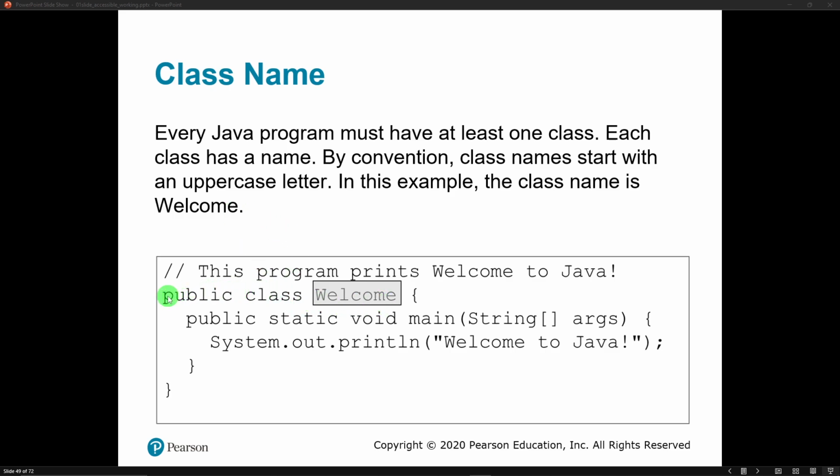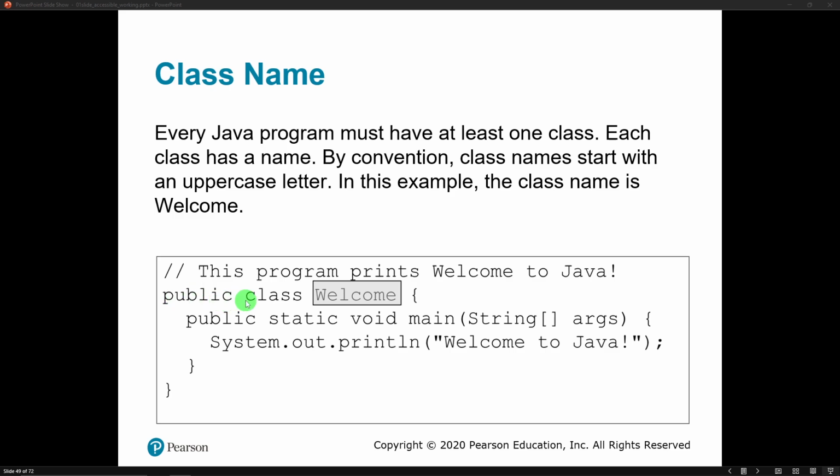So right here we see public, and this tells the accessor who can use this class. And then the word class is basically saying this line right here is called the class declaration. So public says any other class that wants to can use this class.